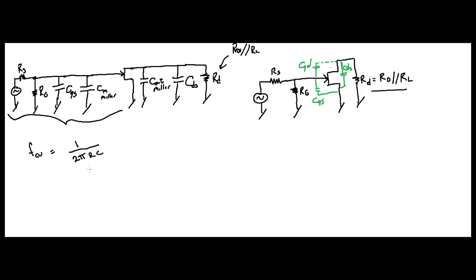So if you look at this, we're just looking at the input, really. You're going to have a resistance here at your gate, which is right here. I'm going to write that in blue. I think that's probably the best way to do it. I'll call it R in, that's a gate.